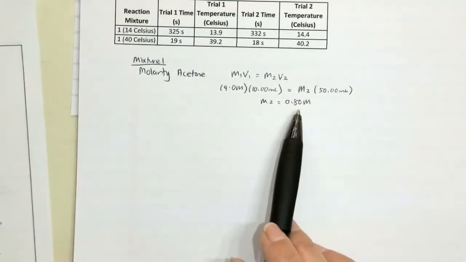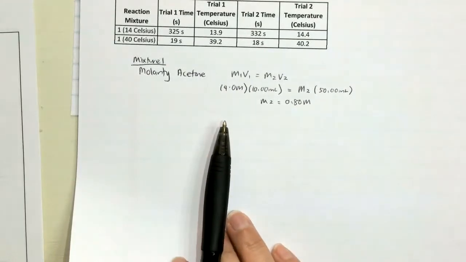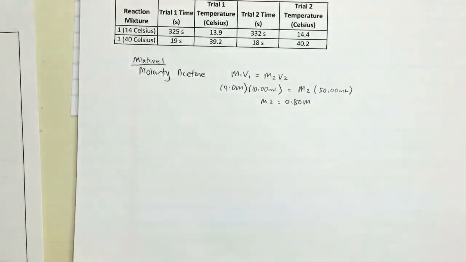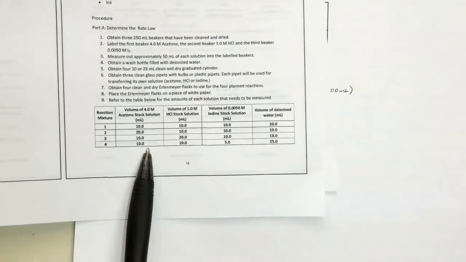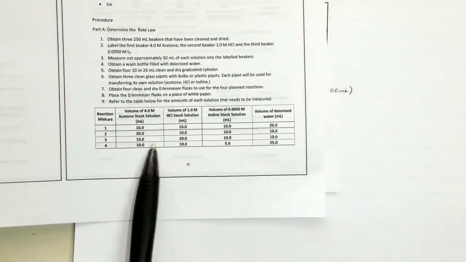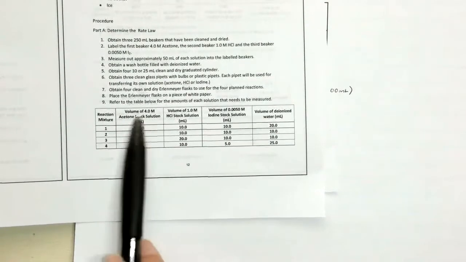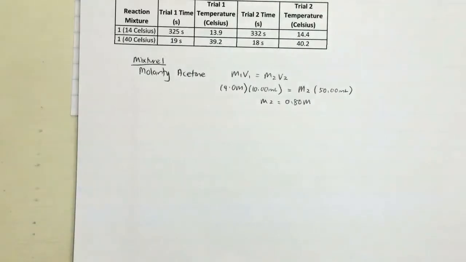So that means the molarity of acetone for mixture 1 is the same as mixture 3 and 4 if we keep the same concentrations for your lab. So you have to check to make sure your lab concentrations here are the same as well. So double check your tables to make sure you have the correct volumes that you're supposed to be using.